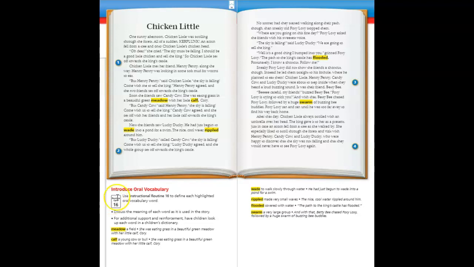The next word we saw was the word wade. The word wade means to walk slowly through water. In our story, the word wade was used when it says, "He had just begun to wade into a pond for a swim."